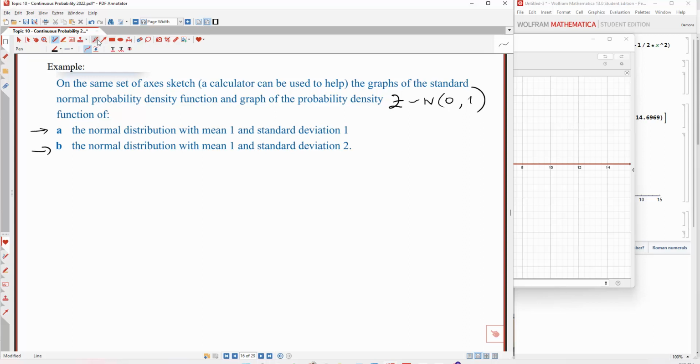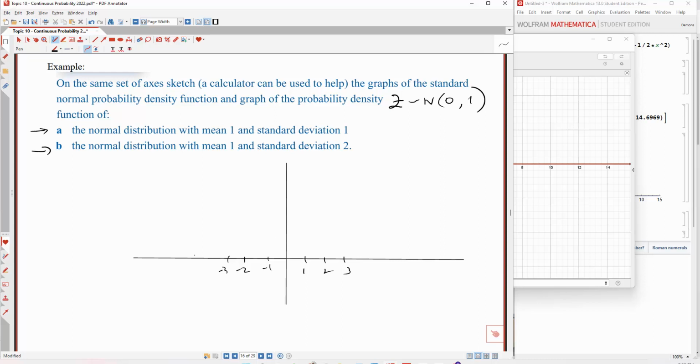Now this is a little bit tricky to do. I always find normal distribution curves hard to draw. Okay, so what we'll do is I'm going to go 1, 2, 3, 1, 2, 3. So there's -3, -2, -1, 0, 1, 2, 3.